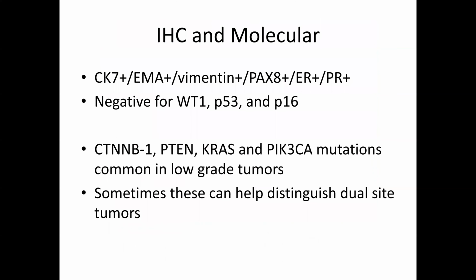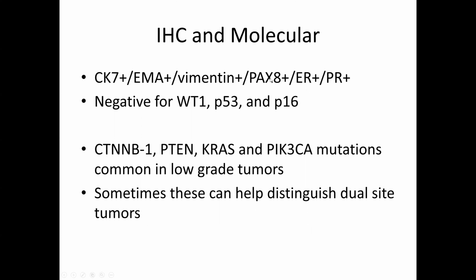When we start to think about how we will work these up, there are several markers that are useful and fairly specific for endometrioid histology. CK7 is not specific, EMA is not specific, but they clearly define these from other stromal neoplasms, which would not have that marker. Vimentin positivity in conjunction with the cytokeratin positivity is quite specific for endometrioid carcinomas. There are a few other carcinomas which express both markers, of course, but not in the GYN tract.